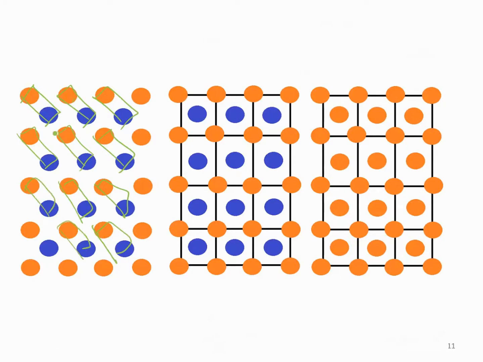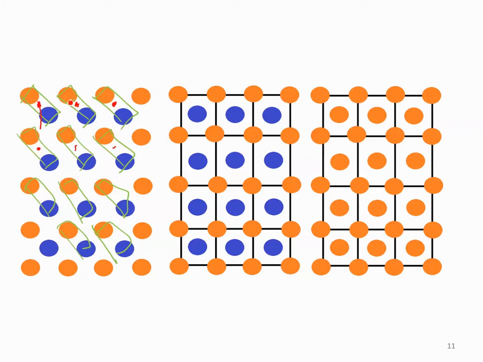So from here, do you think it is still a body-centered cubic? No, right? Because when we want to draw the unit cell, we draw it based on the lattice point. Each basic will occupy one lattice point.